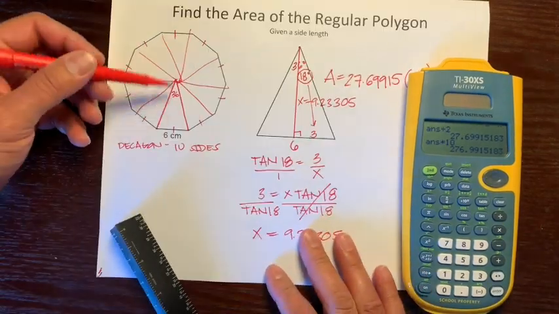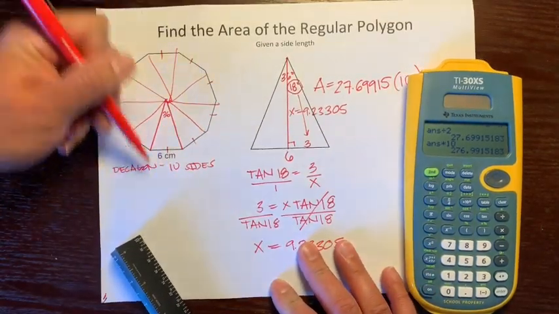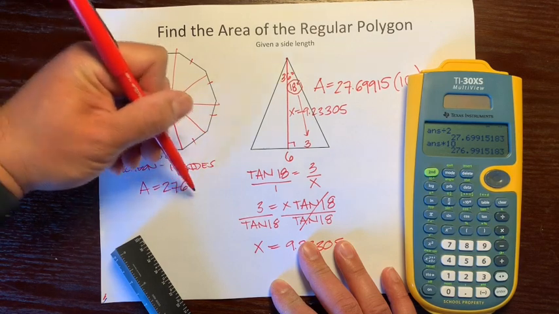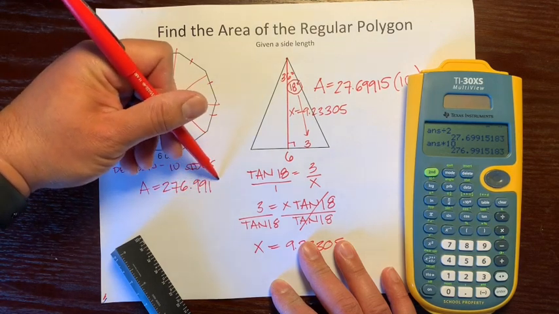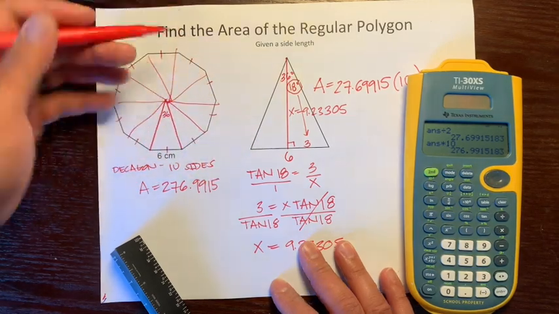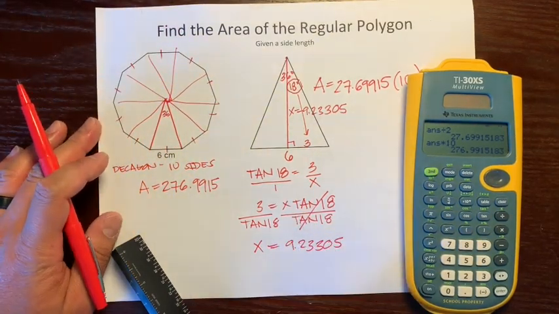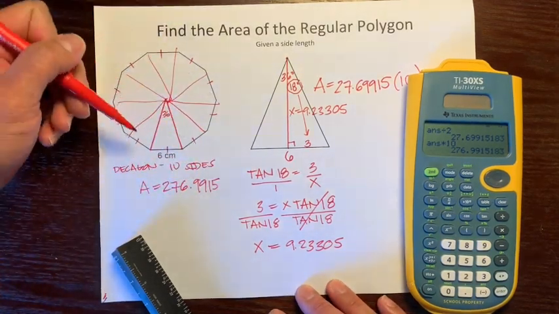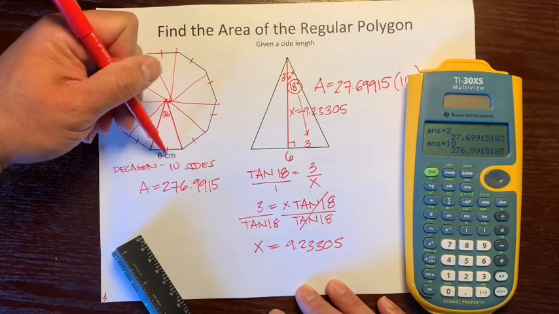Times 10 is 276.99. So the area of this entire decagon is 276.9915. Wherever your teacher wants you to round it, we'll just leave it here. Remember, we're finding area, and it's in centimeters.